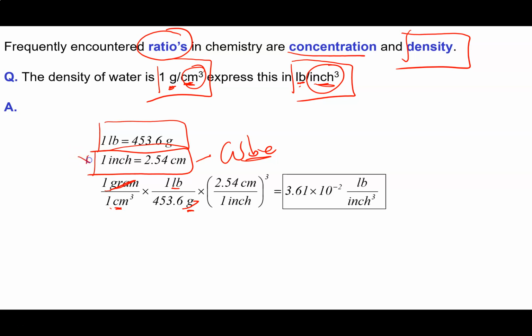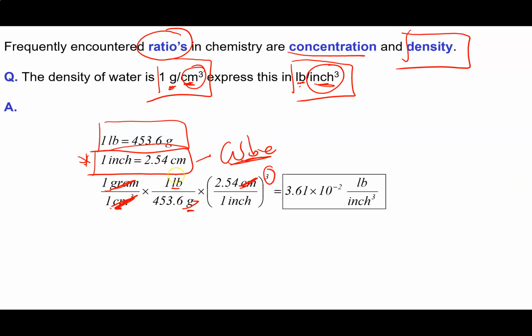So I'm going to use my second equality. And as I mentioned, I've got to remember to cube my conversion factor or this isn't going to work. And according to my equality, I get 2.54 centimeters per 1 inch, and then that has to be cubed. So centimeters cubed go, there we are.